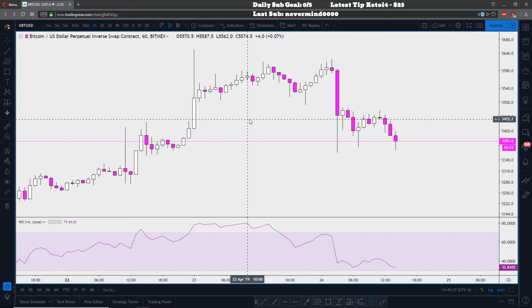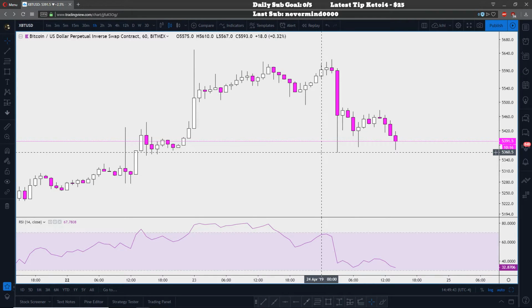If RSI is overbought and you start to see gravestones or shooting stars or tweezer tops or double tops, stuff like that, price action is your signal. Then RSI is overbought. Okay, that looks good. We have a high probability that we're going to reverse to the downside. Same thing for oversold.